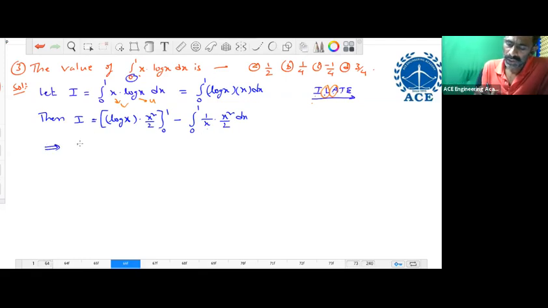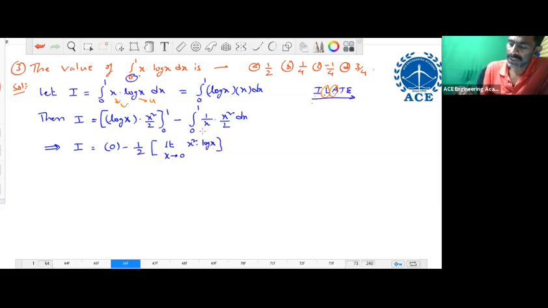Which implies I equal to, for upper limit, 1 by 2 log 1, this is 0, minus lower limit. At x equals 0, 0 by 2 is 0, but log 0 is not defined. So we write the limit as x extends to 0. 1 by 2 is constant, write 1 by 2 outside, 1 by 2 into limit x tends to 0, x squared into log x.